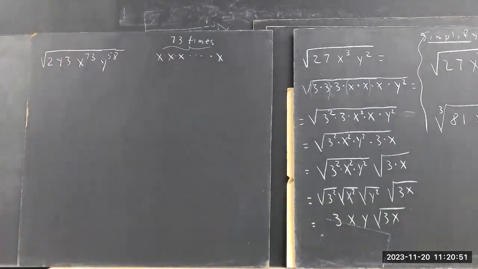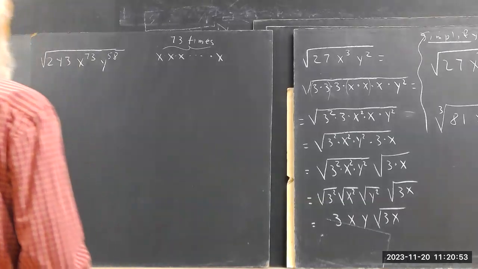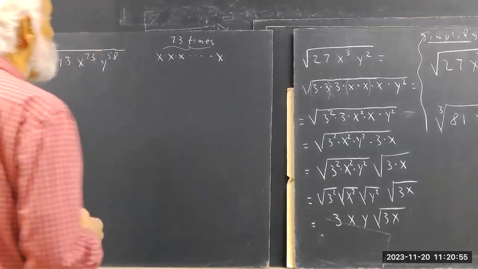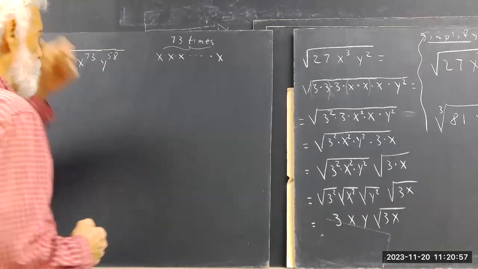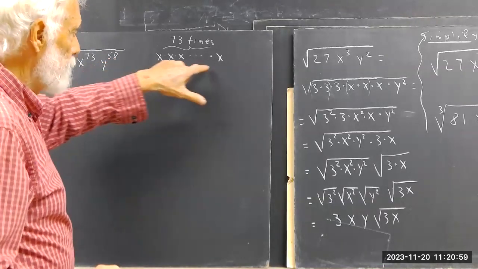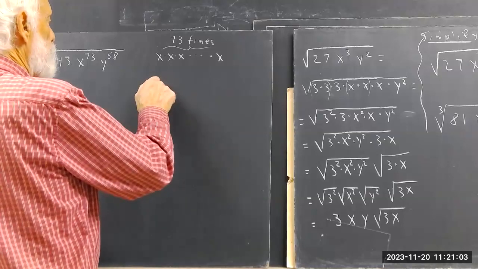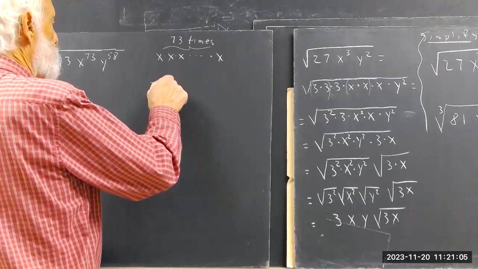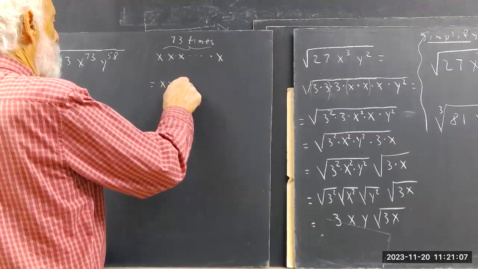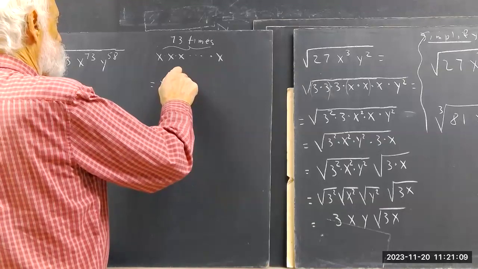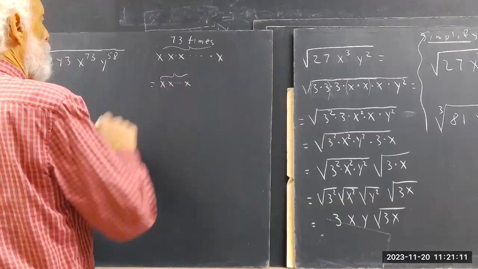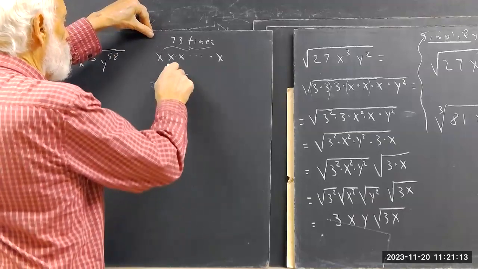Well, you can use your calculator if you need to. It's 36 and a half. You can't get 36 and a half x's in each group, but we can do this. Half of 73 is 36 and a half.